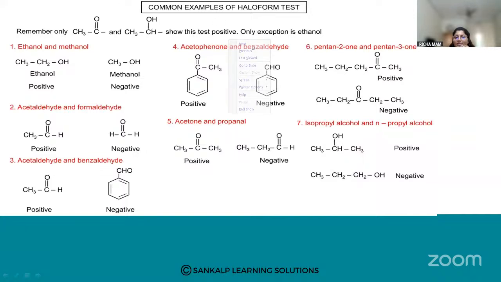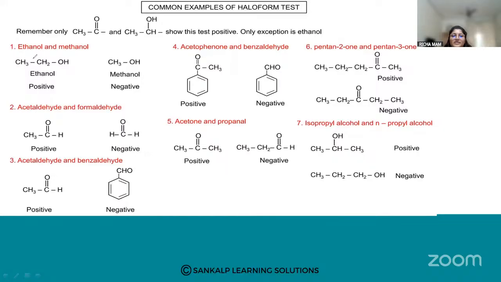Some examples of the haloform test. These are the compounds which will show you the positive test. The exception is methanol; ethanol will give the haloform test.